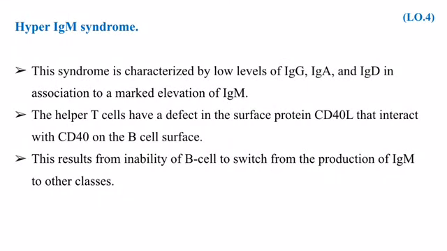Now hyper IgM syndrome. This syndrome is characterized by low levels of IgG, IgA and IgD in association with a marked elevation of IgM. We do lab tests to investigate the levels of IgG, IgA, IgD.